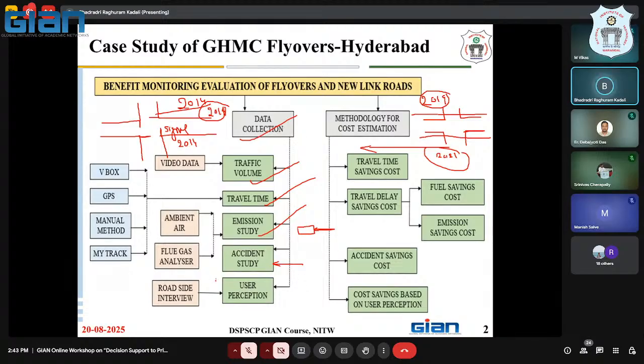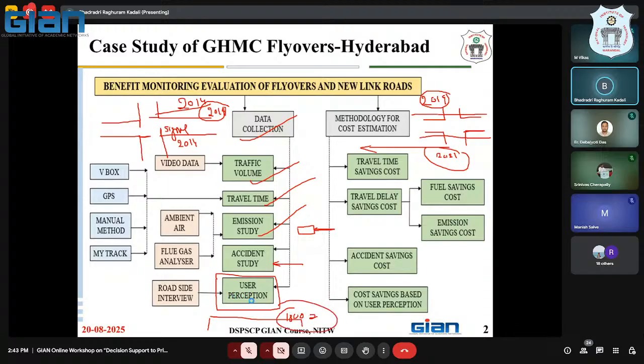Of course, we also collected user perception, how users perceived the project after completion in 2021 and the condition they perceived in 2014. We collected this data very near to the flyover, from households and commercial areas, almost 1800 to 2000 samples.